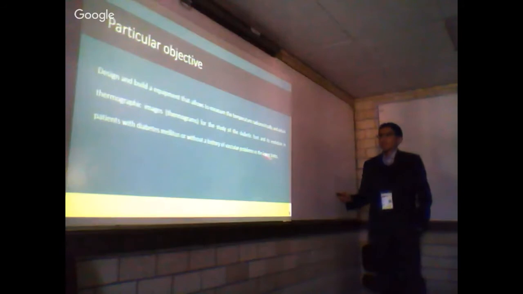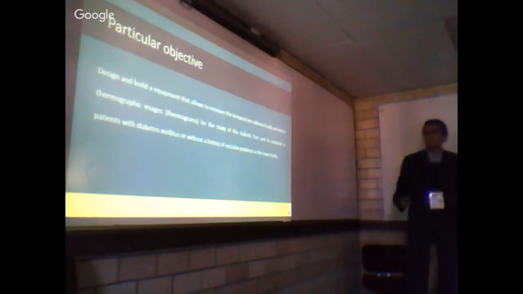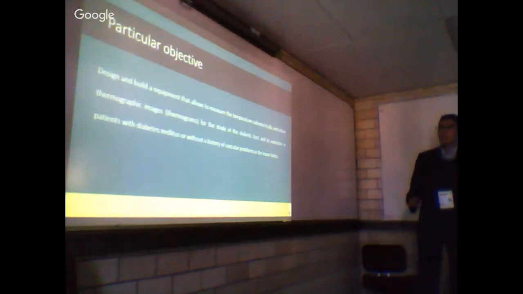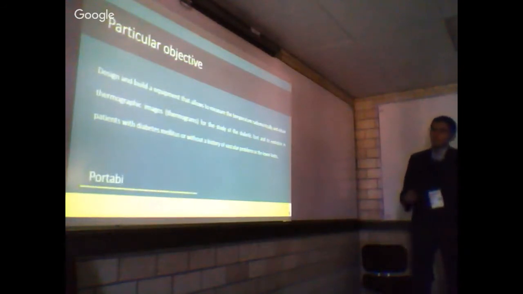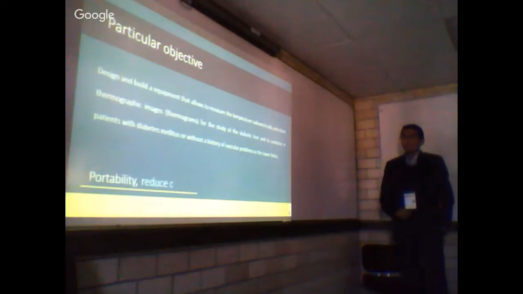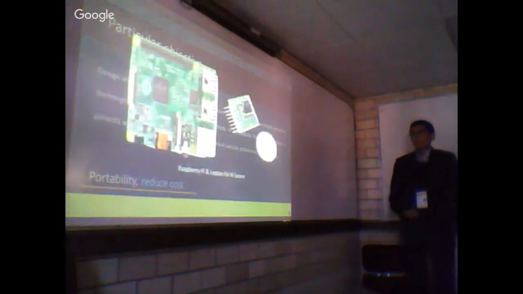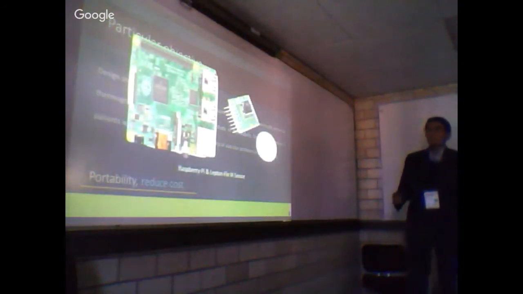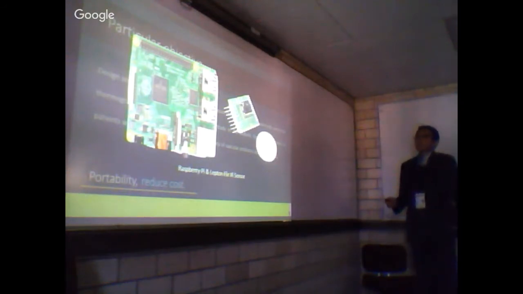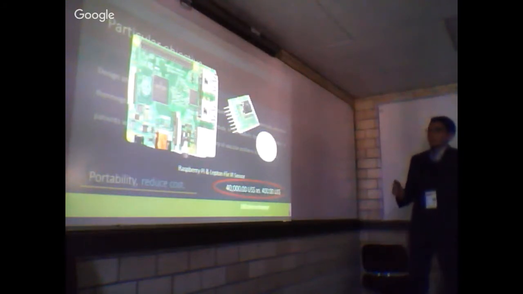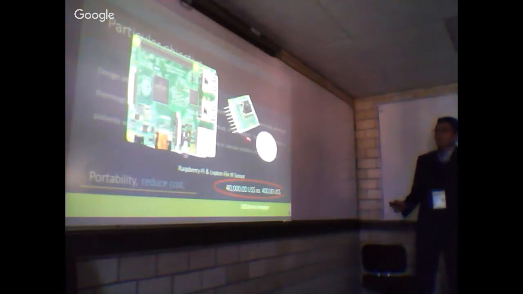This is important because it can be a reference to study the evolution of the disease. Particularly, it can offer portability and reduced costs. In this way, we propose to use a Raspberry Pi and the Lepton infrared sensor. If we compare the price of the professional infrared camera we have in the laboratory versus the final product, we find it 100 times cheaper.